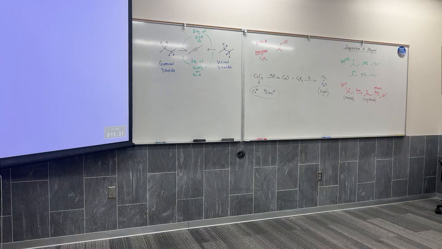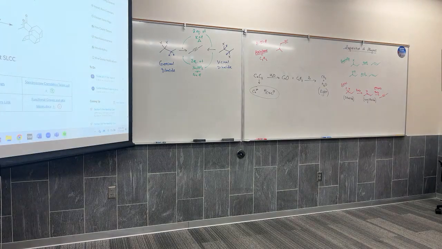Can you tell me why sodium amide and sodium hydride are better bases than potassium hydroxide? It doesn't have to do with dissociation of the ions. So potassium hydroxide makes potassium ion, hydroxide ion.